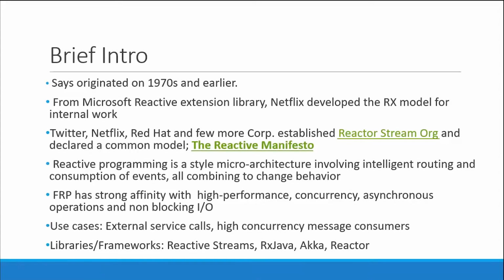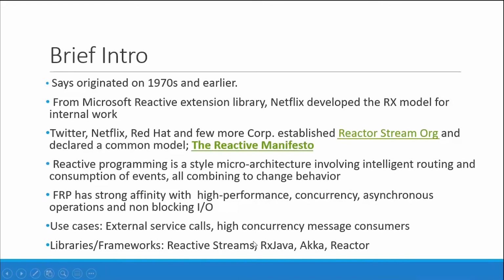With this reactive approach, we can call all 10 services at once and then return to our caller anytime. The next use case is high concurrency message consumption, where we can handle so many event messages with this asynchronous model because we are using non-blocking.